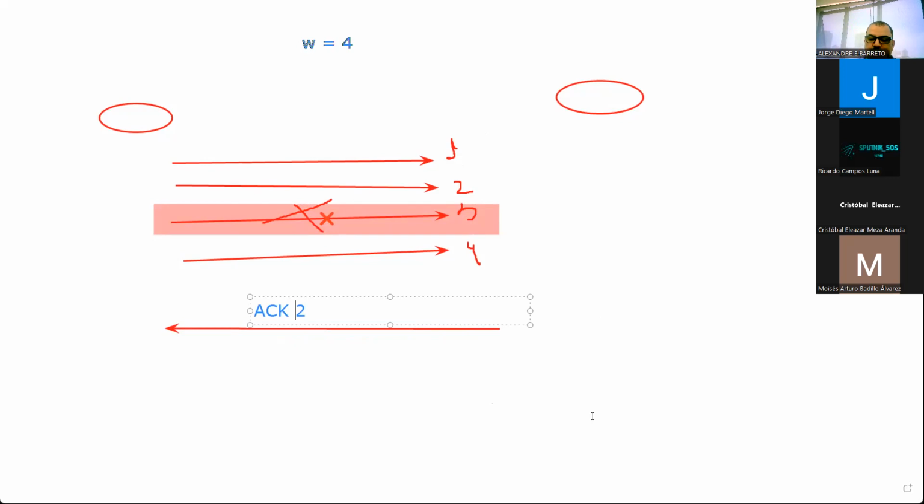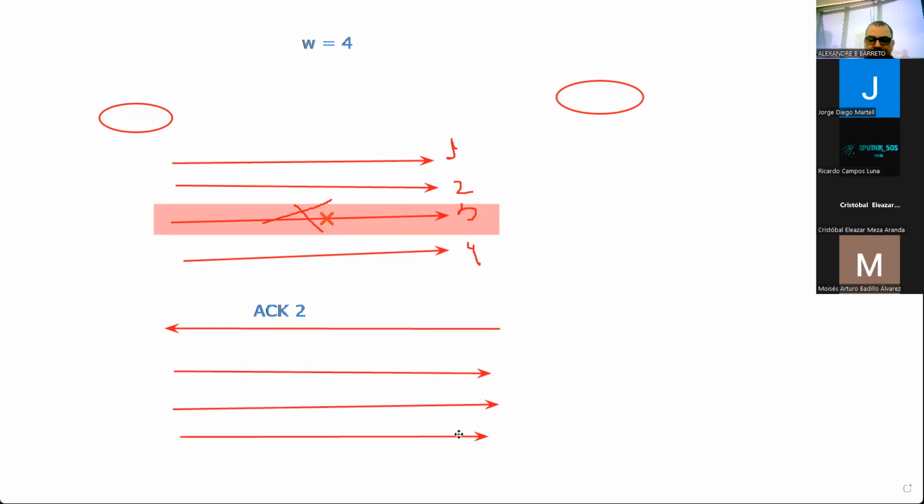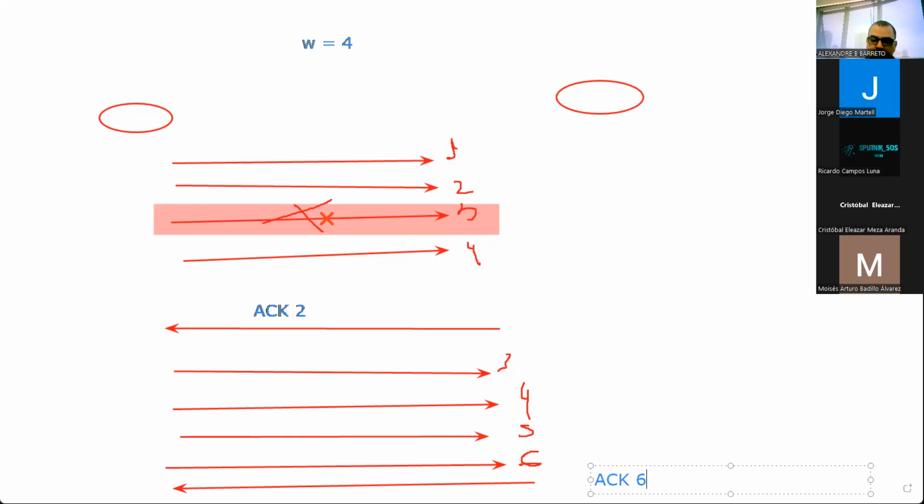Okay, and what happens? Now I will send the package 3, the package 4, the package 5, and the package 6. If I receive all the packages, my ACK will be ACK6.